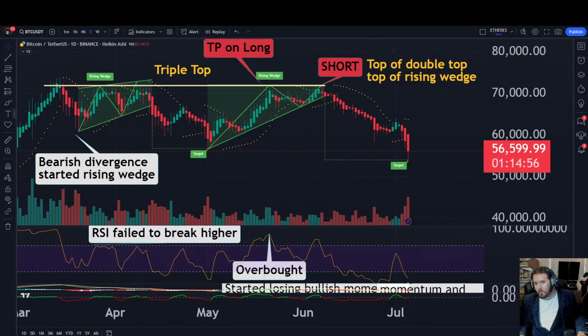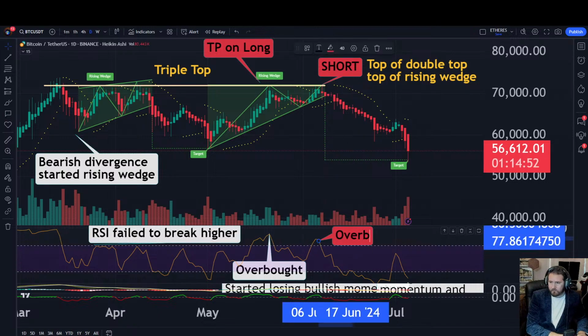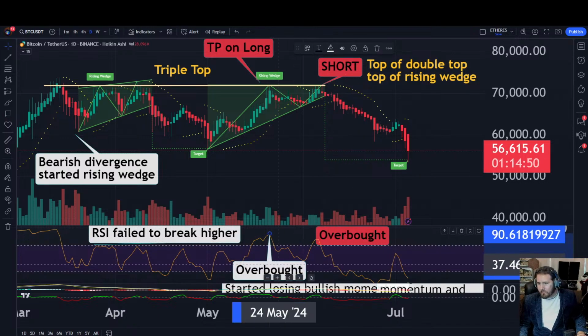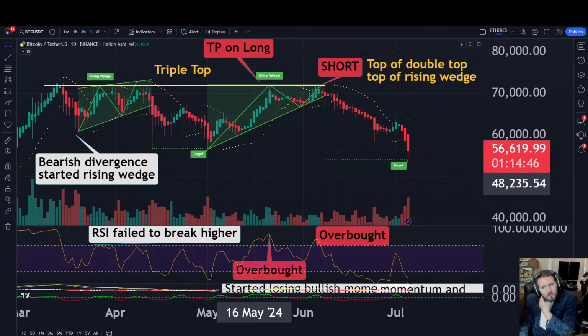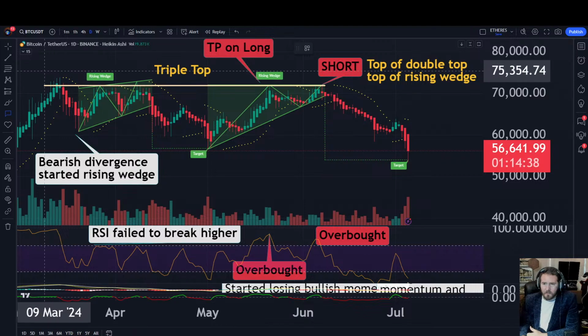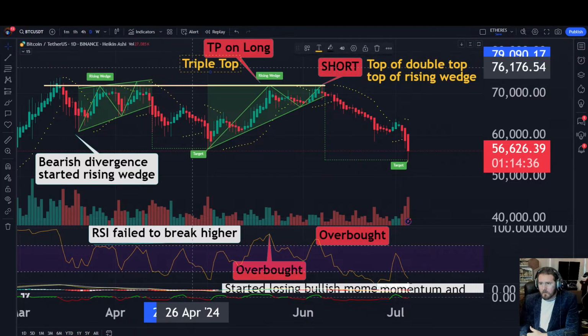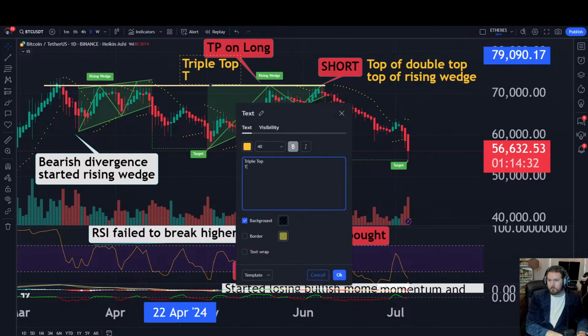Overbought. And this is also overbought. I have to add that one here as well. We're going to add so many things on here. Let's make this one red as well, so it's easier to know what to buy, what to sell. All right. So this was a triple top here. Triple top and top of rising wedge.